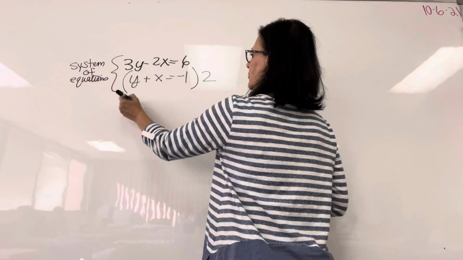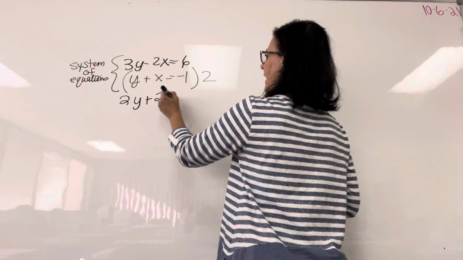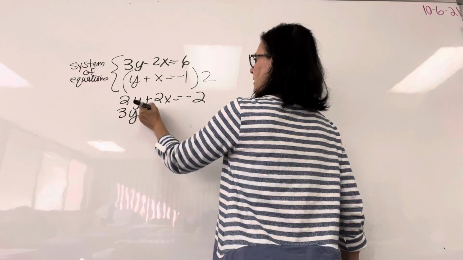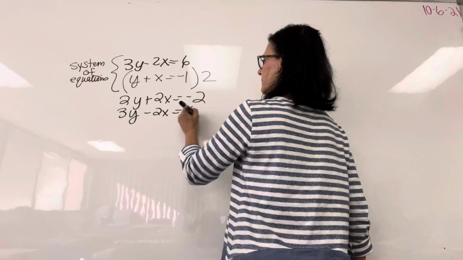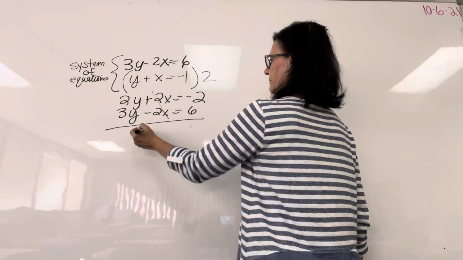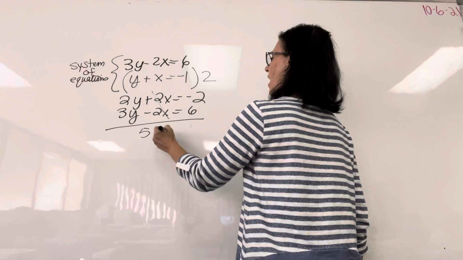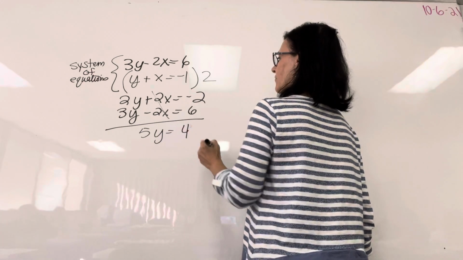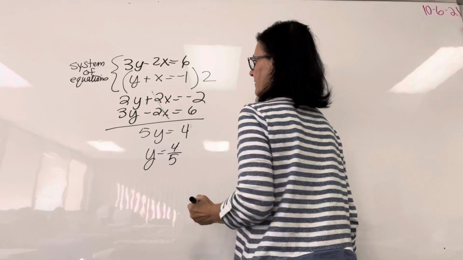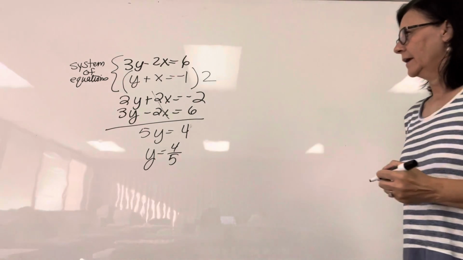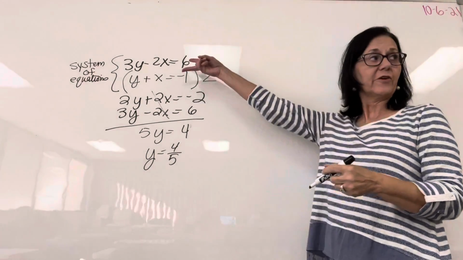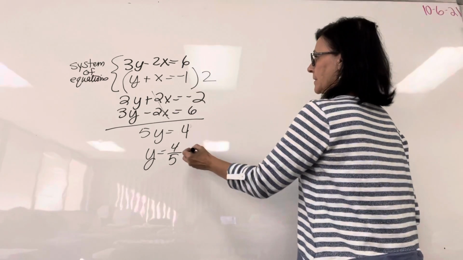So we end up with 2y plus 2x equals -2. I'll write the other equation under it. Our x's eliminate. We end up with 5y equals 4. Y is 4/5. And then we'll go and substitute it back into the easier of the first two equations. I'm going to substitute in the first one.